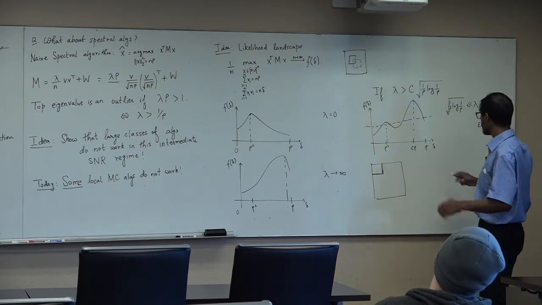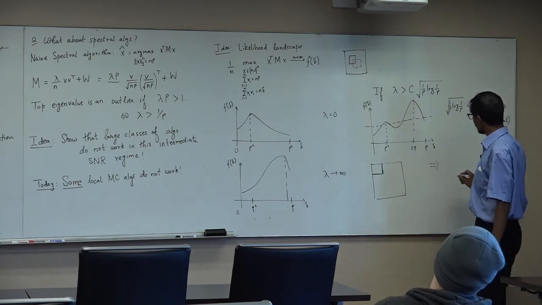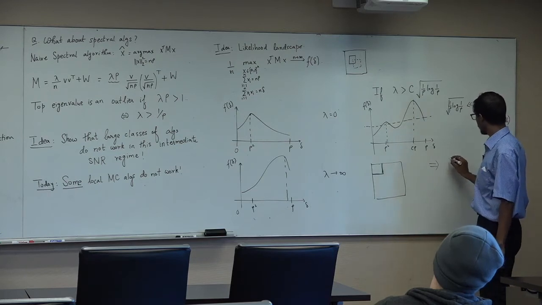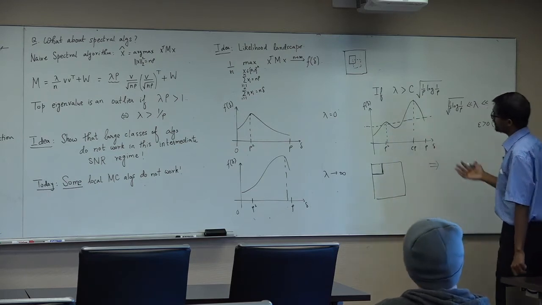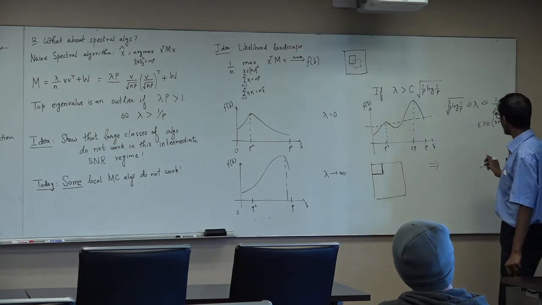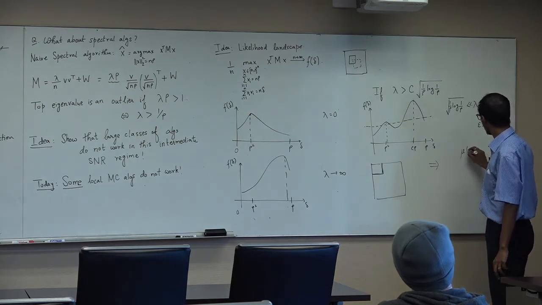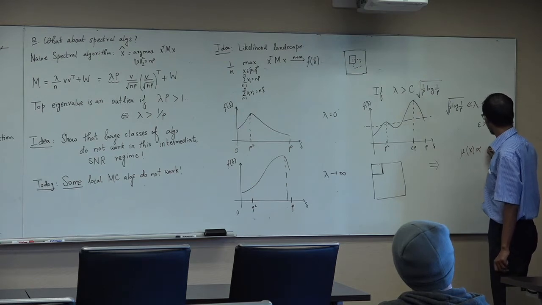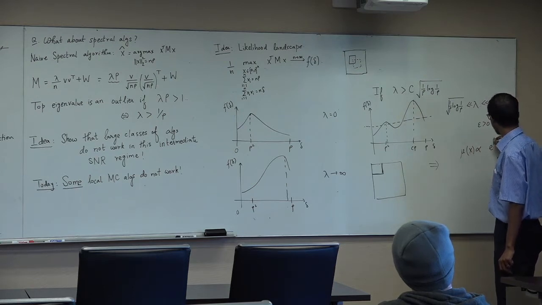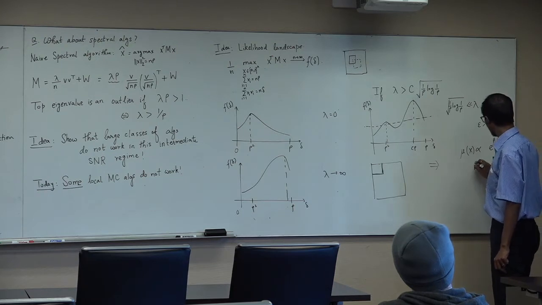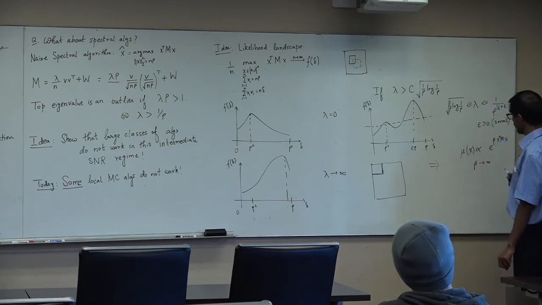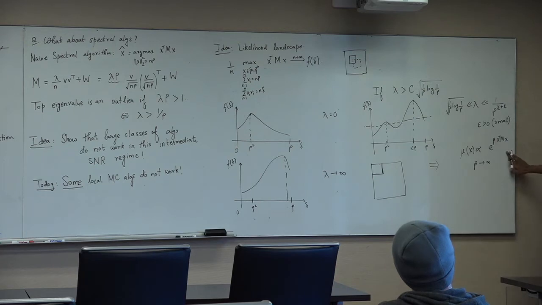So this allows us to prove that if I run a Markov chain, one way in which I could try to recover it is to look at a distribution mu of x proportional to e to the beta x transpose Mx, where beta tends to infinity. This would be like a Markov chain with beta very large.